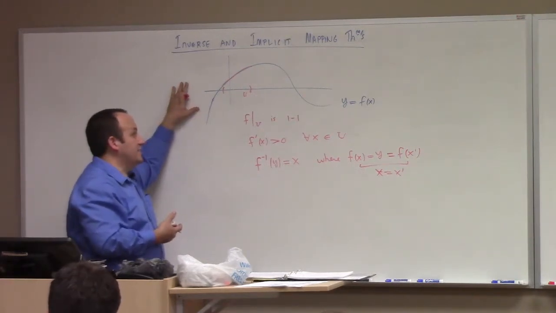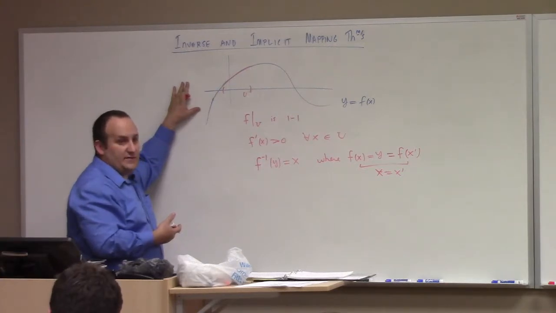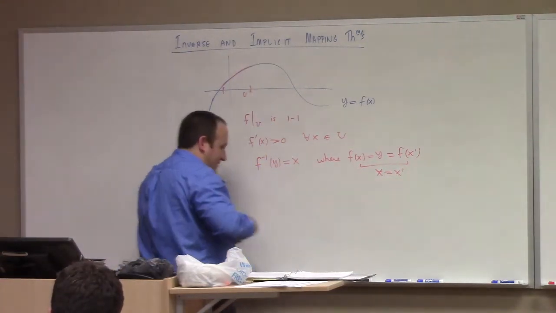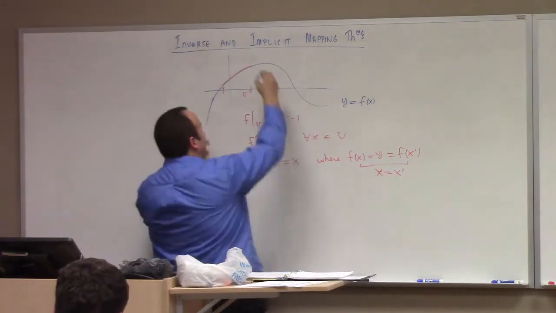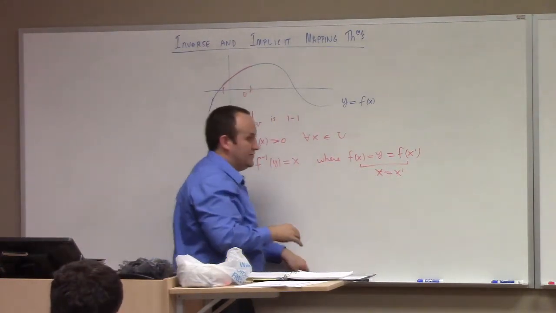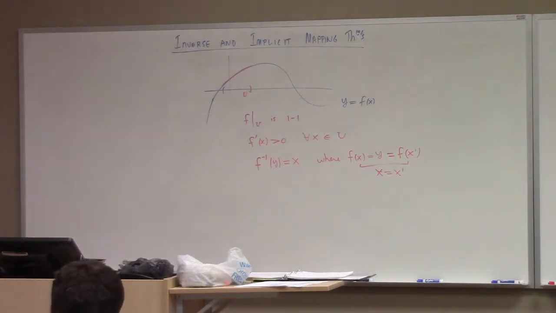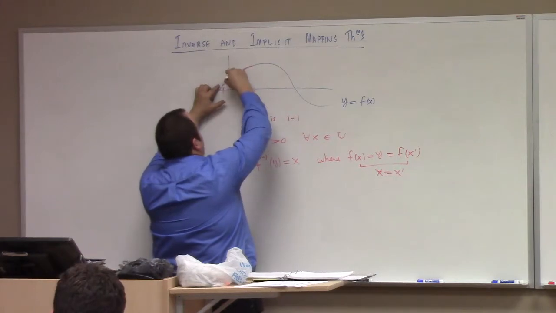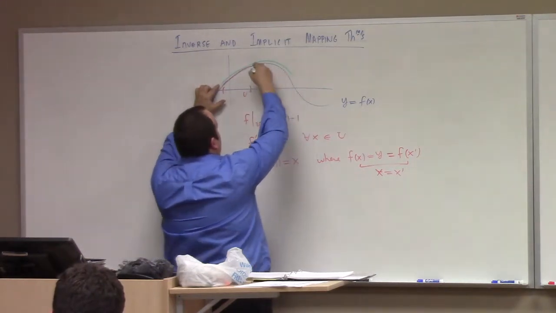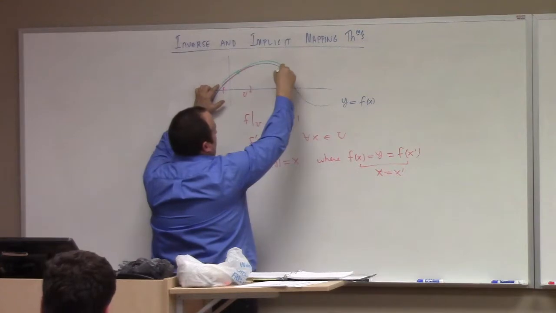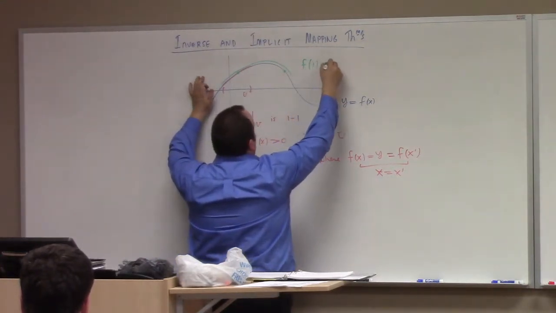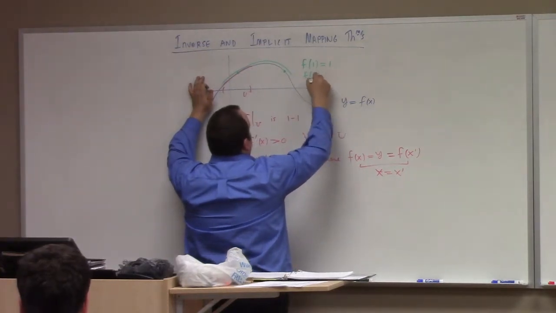But I get into trouble trying to construct an inverse as soon as I don't have 1 to 1, right? If I try to construct the inverse for the function after it goes over a hill, then I'm in trouble. If I was trying to construct an inverse function for this function restricted to like this, I get into trouble, because if you look at this point and that point, maybe we have f of 1 equals 1, and we also have f of 6 equals 1.